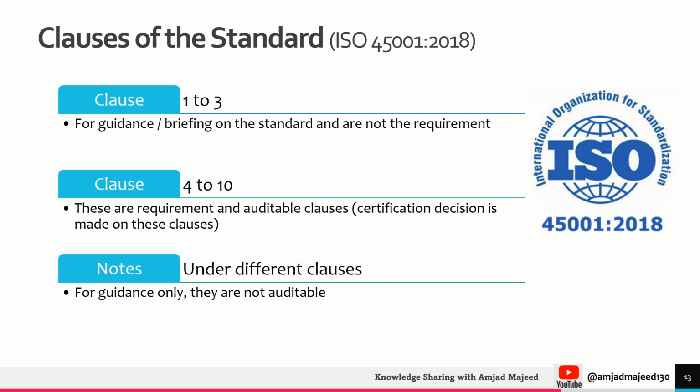That is the minimum. You have to interpret and establish your policies, objectives, risk assessment, procedures, and all the requirements from 4 to 10, and you have to demonstrate compliance with them to get the certification. Now, notes: we already discussed that notes are not auditable.